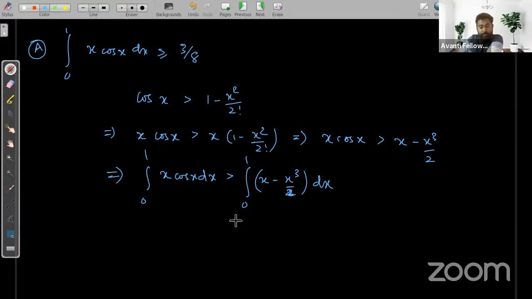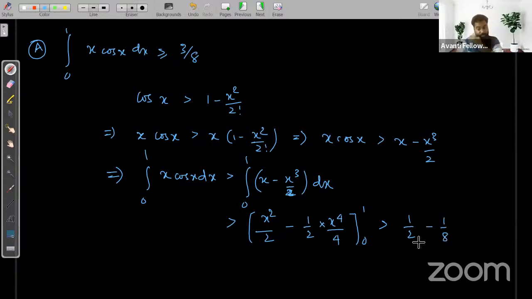If we evaluate the right hand side integral, what will happen? The integration of x is x square by 2, minus 1 by 2 times the integration of x cube, which is x to the power 4 upon 4, with limits 0 to 1. When we apply the limit, it will be 1 by 2 minus 1 by 8, because the lower limit 0 gives 0.